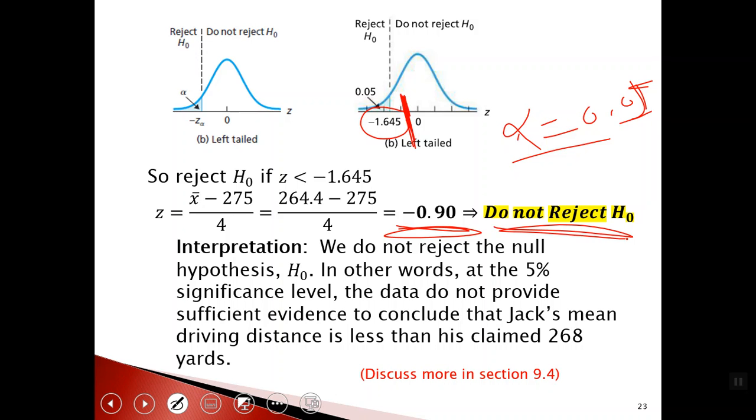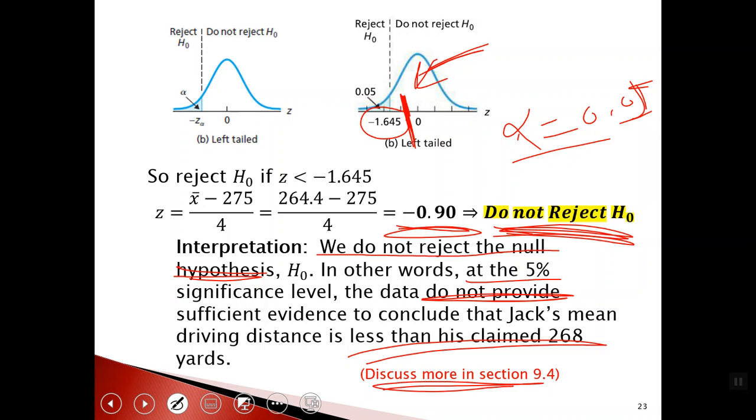It is inside the do-not-rejection region, so we do not reject H naught. The interpretation is that we do not reject the null hypothesis, always the null hypothesis, which means H naught. In other words, at the 5% significance level, this data does not provide sufficient evidence to conclude that Jack's mean driving distance is less than 268.